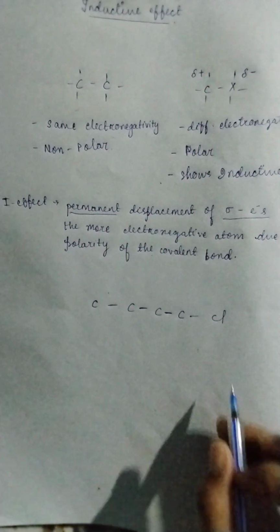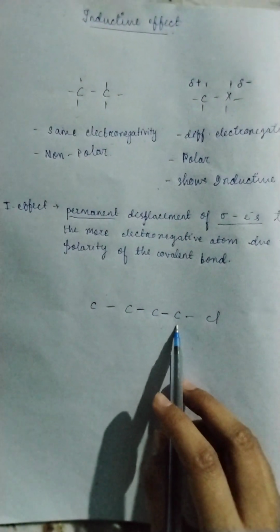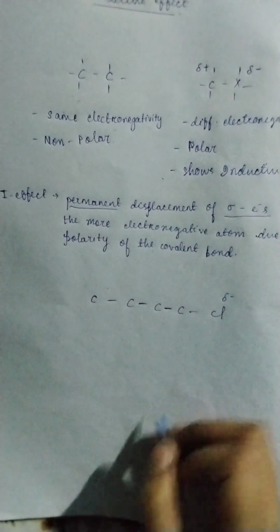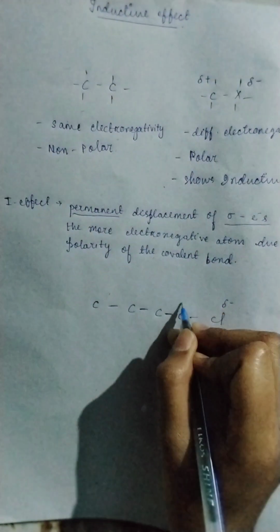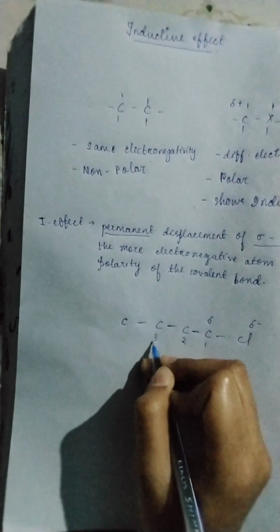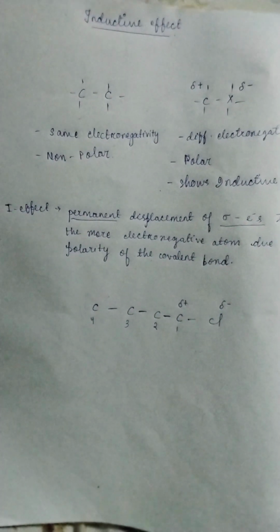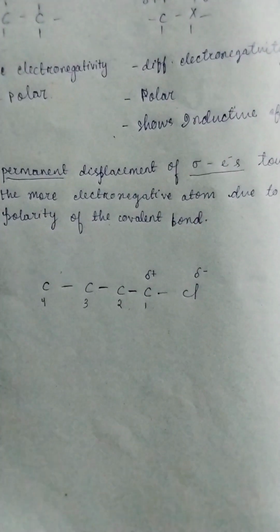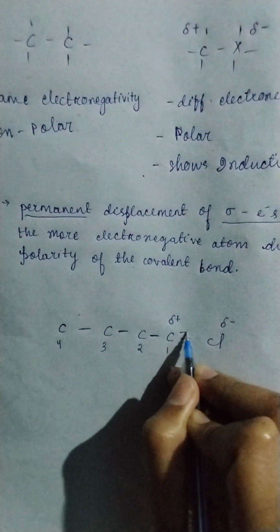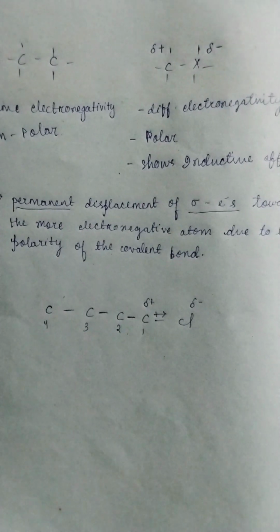So as we all know, Cl would be more electronegative than the carbon. So a partial negative charge forms in this case, and in the first carbon atom a partial positive charge gets formed. All right. Now what happens over here, as we all know that a dipole moment is produced something like this, okay?